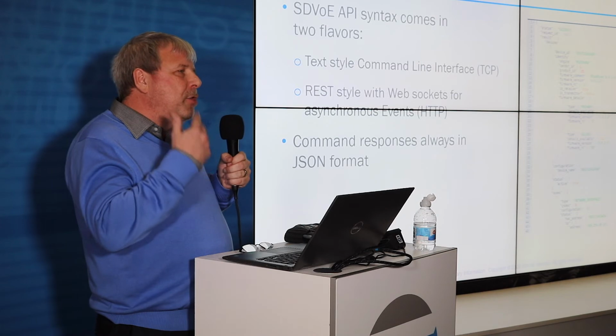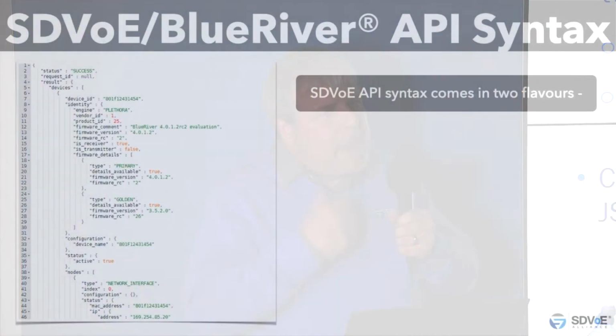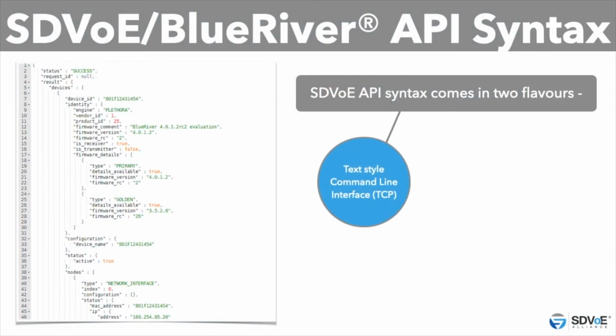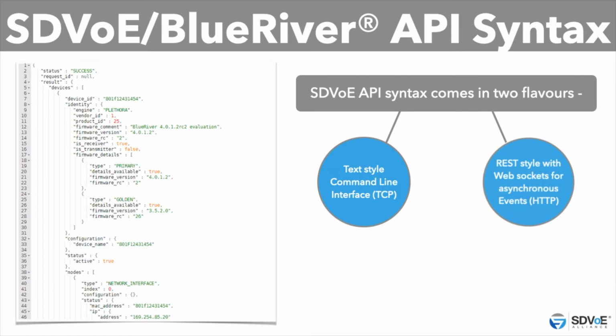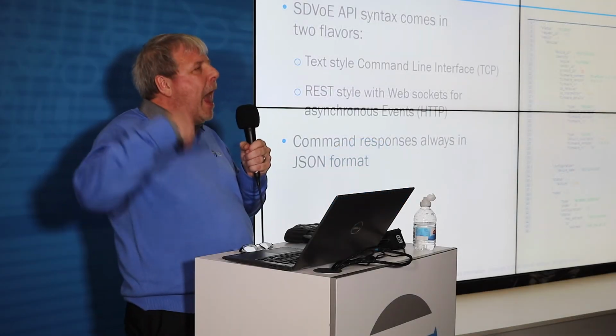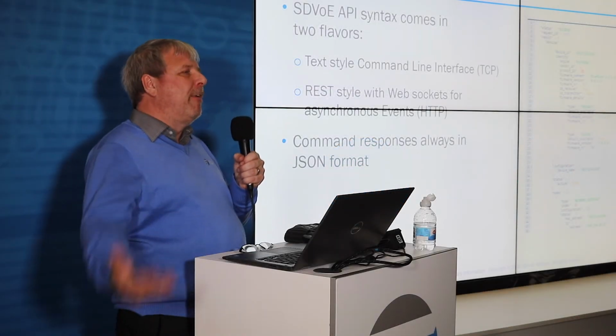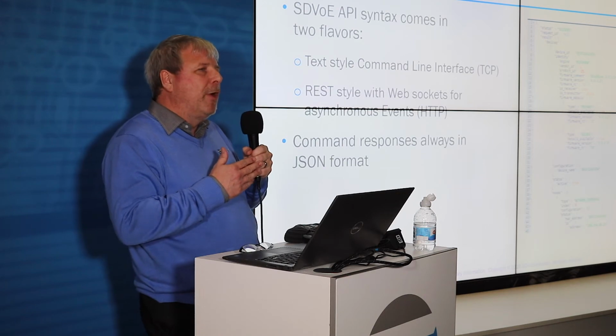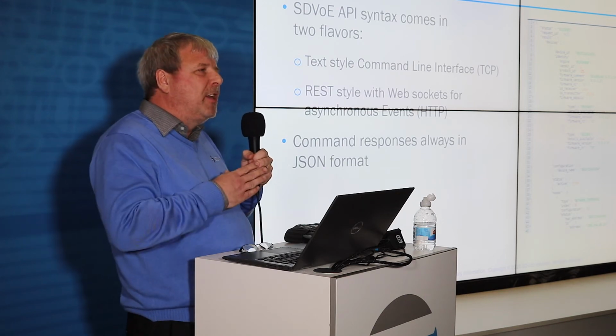So this API service, or the server that the user interface is talking to, can either be done over a standard, very simple text style command line interface, or it's possible to use a REST style API syntax that uses WebSockets in addition for asynchronous events, like something happens on an endpoint and a notification has to come back to the user software about something like an HDMI cable got disconnected.